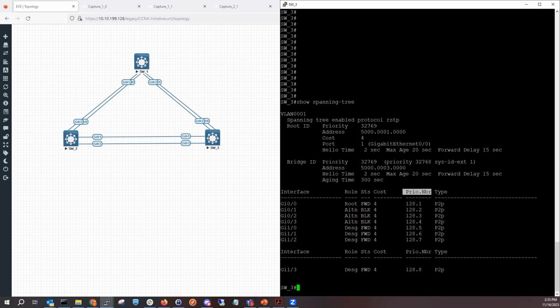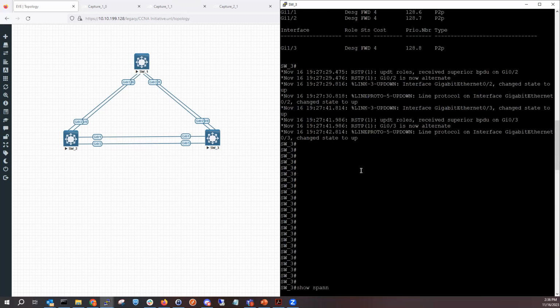It's going to be a backup root port. Gigabit 1 and gigabit 0/3 could be other alternates as well. Everything else can be a backup port. So that is rapid spanning tree.